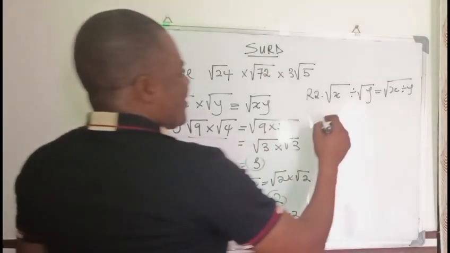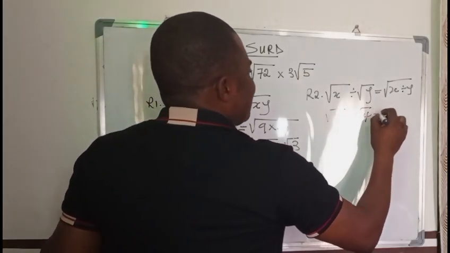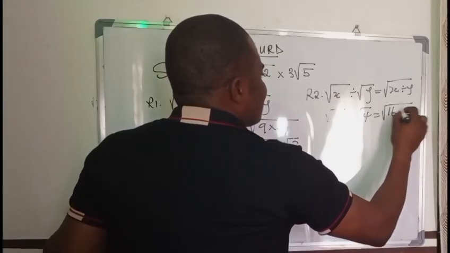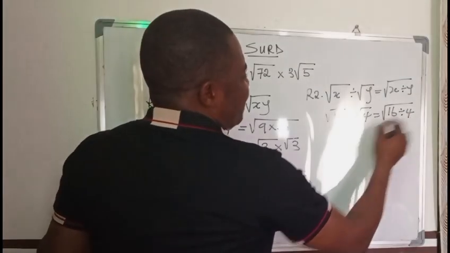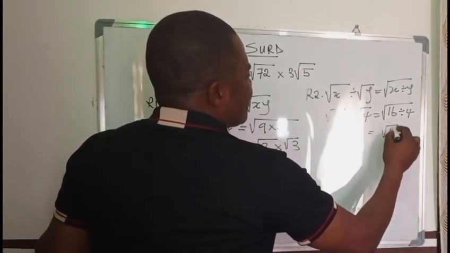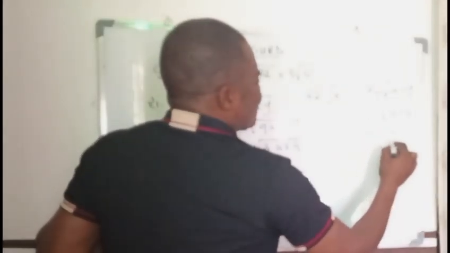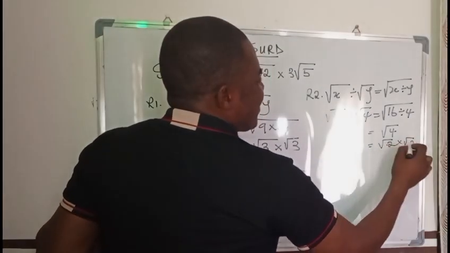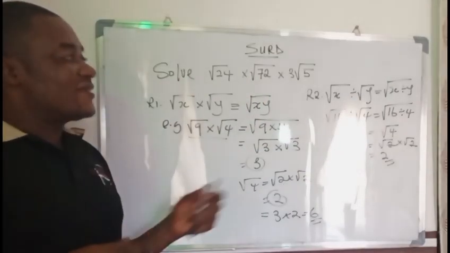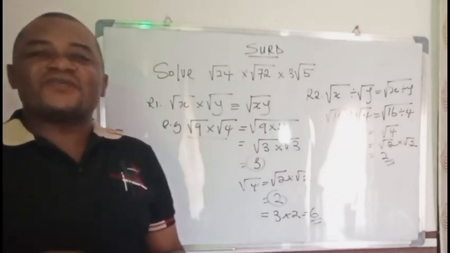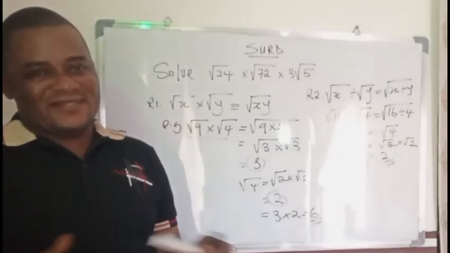So if you had, for example, √16 divided by √4, it simply means that you can have √(16/4). But of course, if you divide 16 by 4, you should have √what? √4. And of course, √4 is 2 times 2, so you can have √2 times √2. Since they are the same surd, you take the integral number as 2. That is what the second rule for surds explains, as far as the quotient rule is concerned.